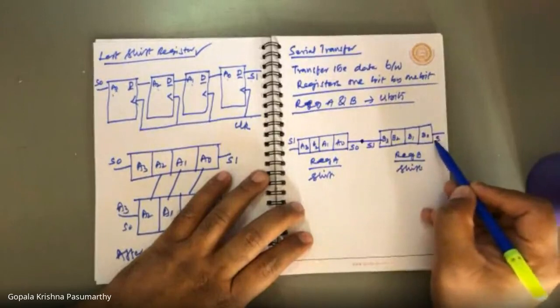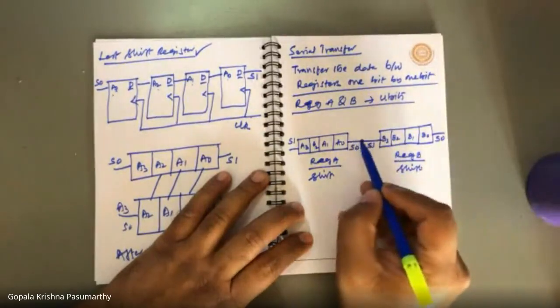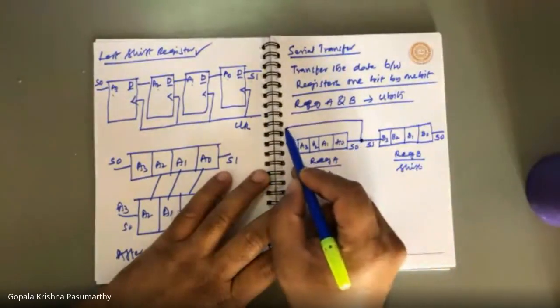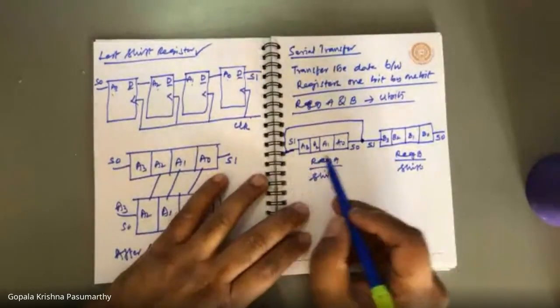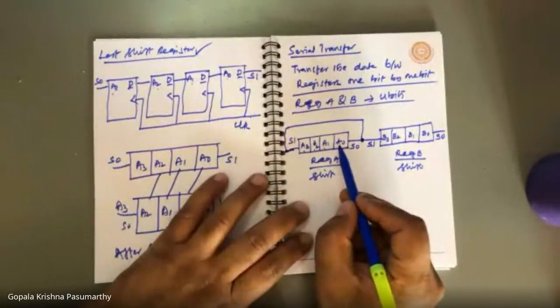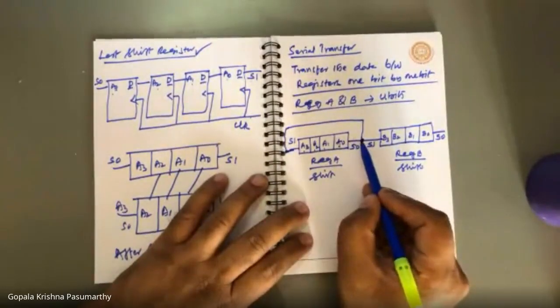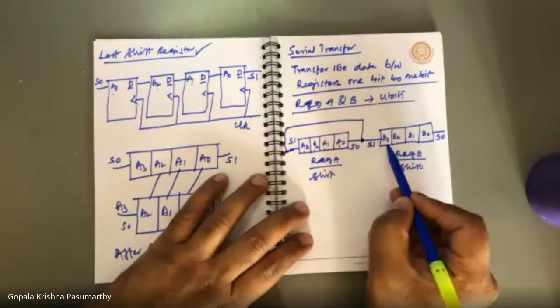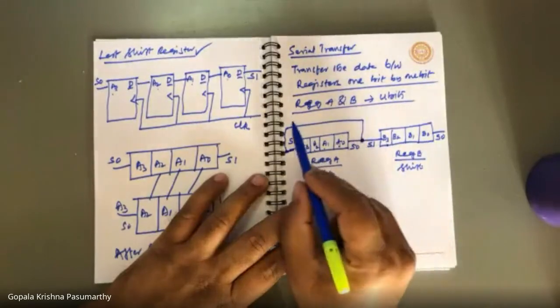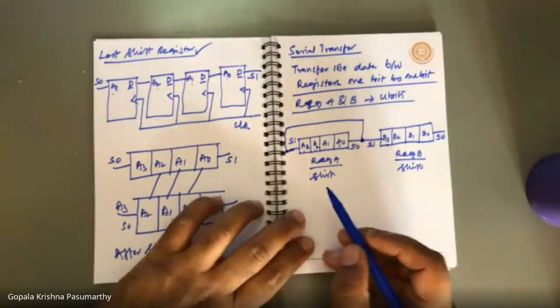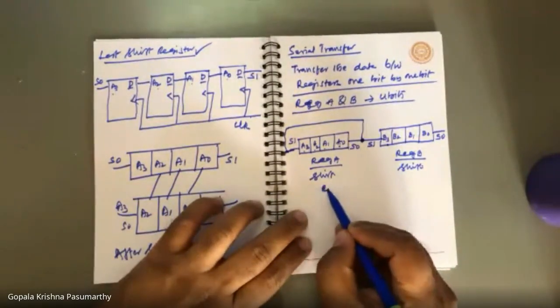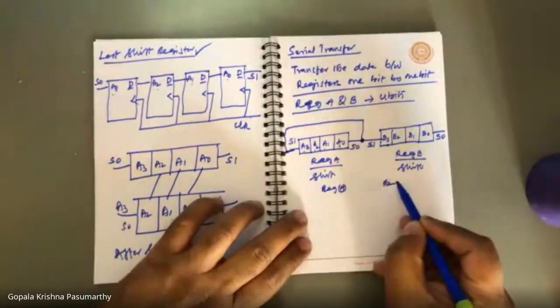And this register also has its serial output, so we will take a feedback loop and connect it back. So these are the connections. Means the first register A output is connected to the second register's input and also connected back to the first register's input. Now we will see what happens to the contents of register A and register B after the clock pulse.